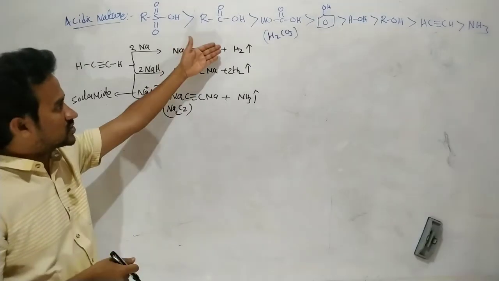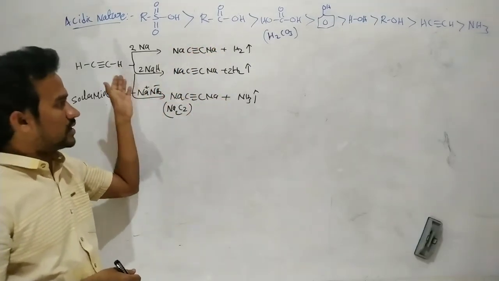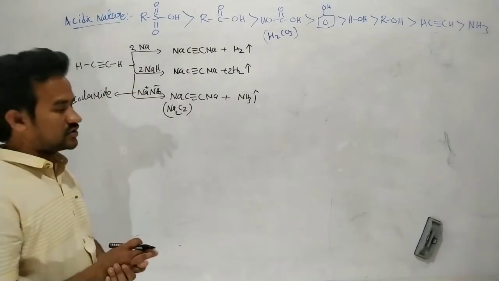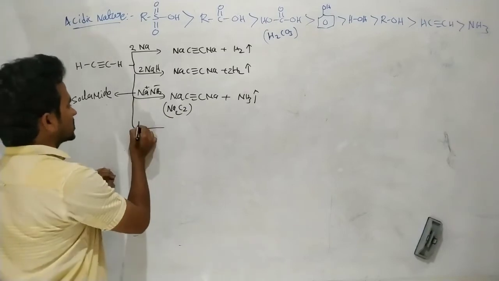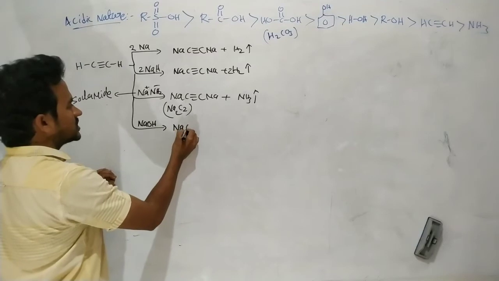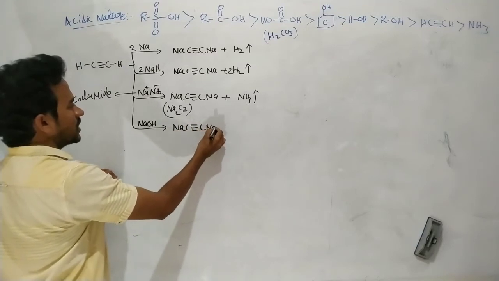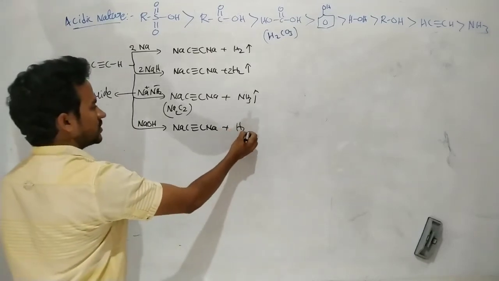Based on the properties of the H2 and ammonia, we can identify that this compound has acidic hydrogen. Now consider the reaction with NaOH. OH minus, if it removes the H plus, becomes H2O.